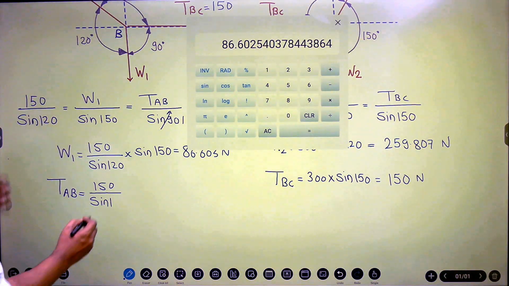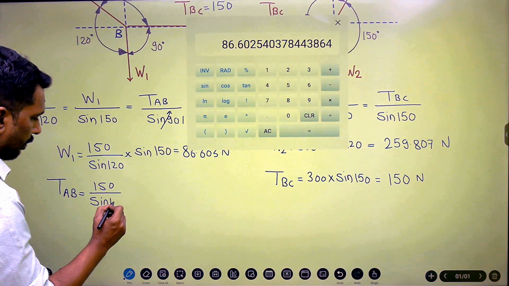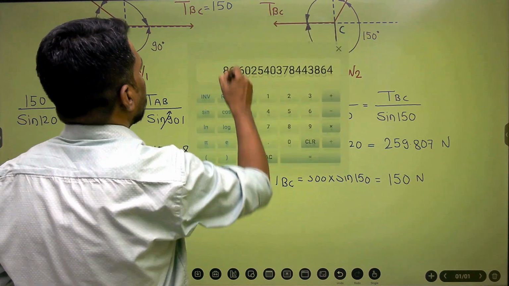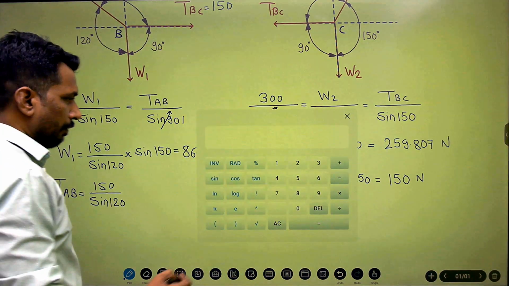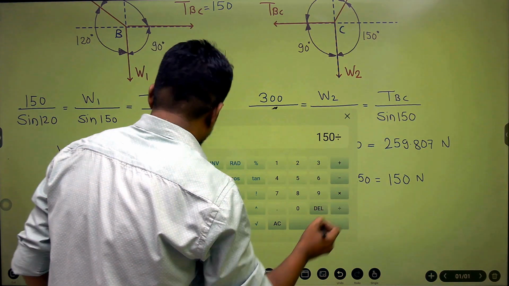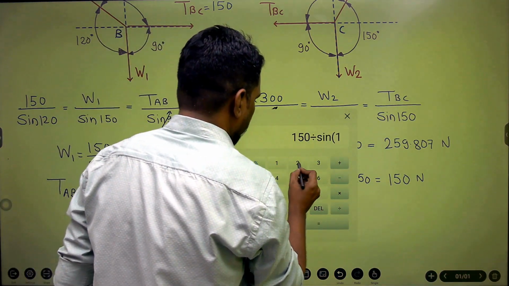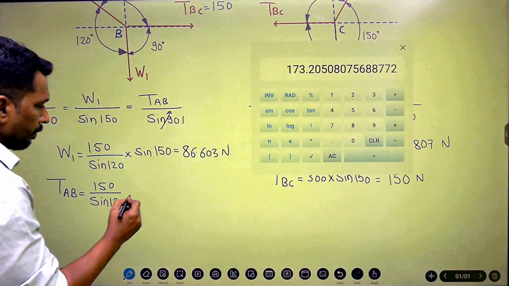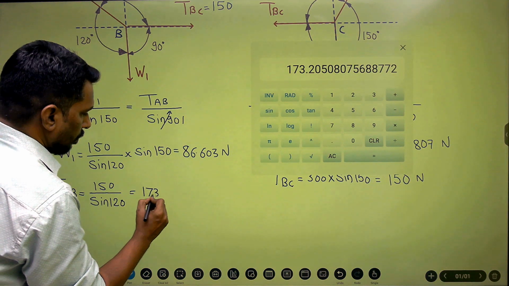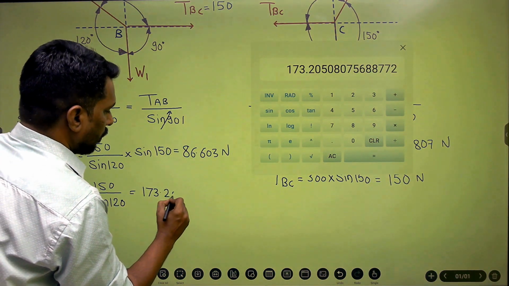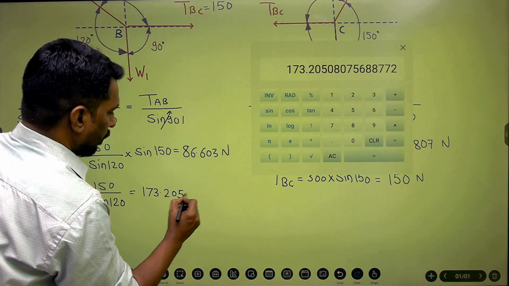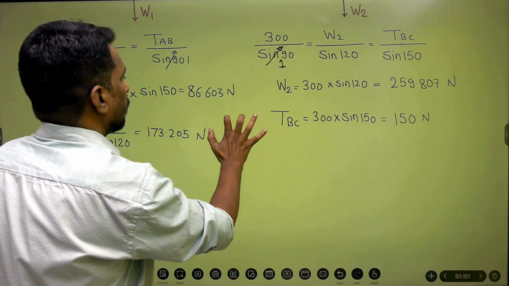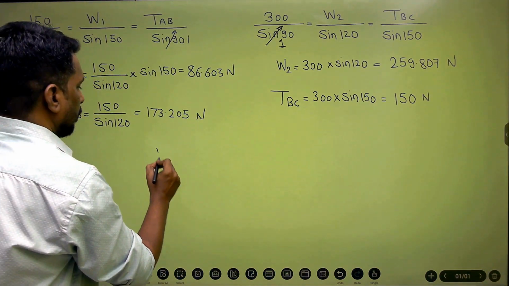Okay, sine 150 upon sine 120, because this value is 1. So now if I calculate 150 divided by sine 120, this is 173.205 Newton.